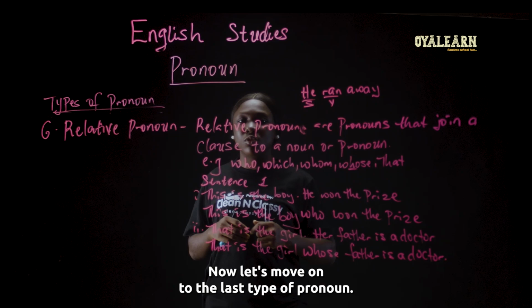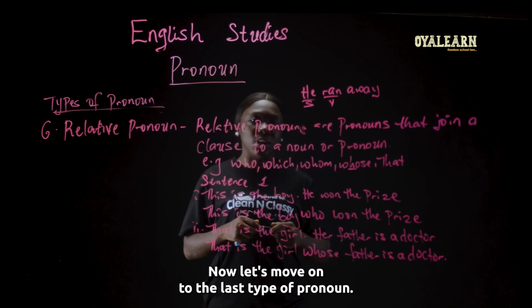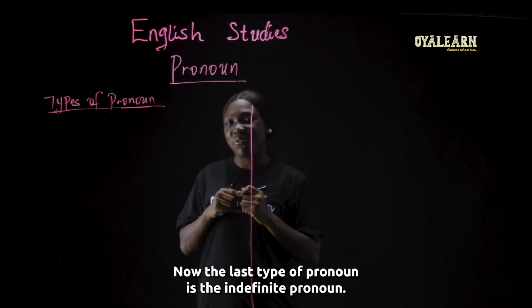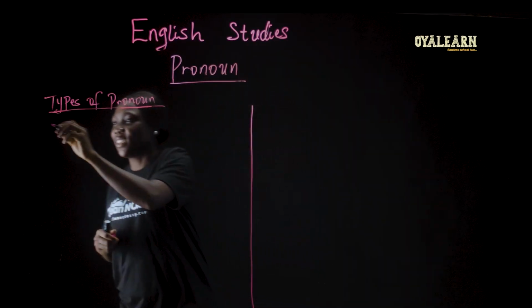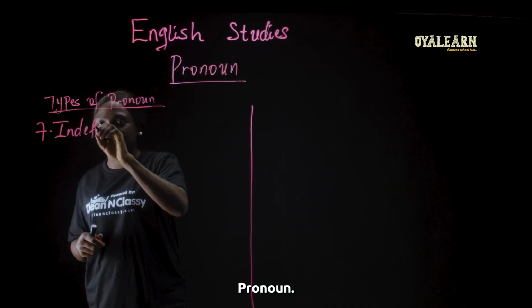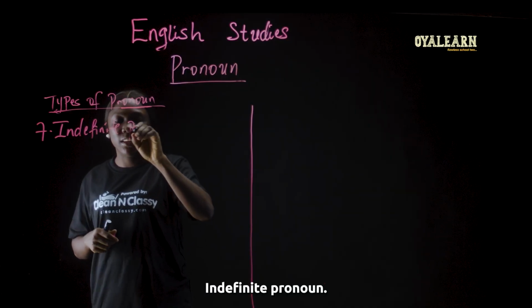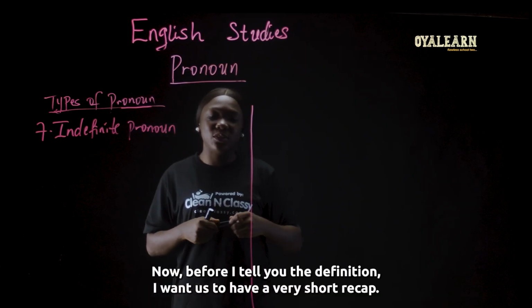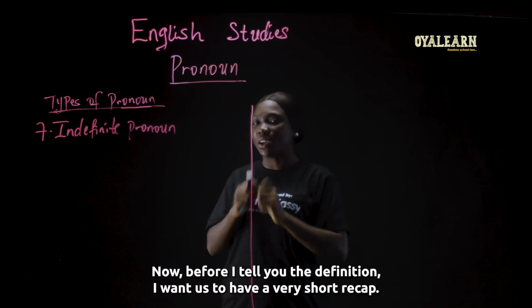Now let's move on to the last type of pronoun. The last type of pronoun is the indefinite pronoun. Before I tell you the definition, I want us to have a very short recap.